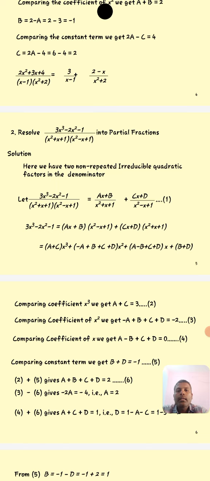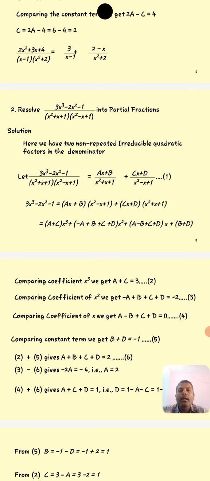Let (3x cube minus 2x square minus 1) divided by (x square plus x plus 1) into (x square minus x plus 1). Here two different irreducible quadratic factors are there. One is x square plus x plus 1, another is x square minus x plus 1.